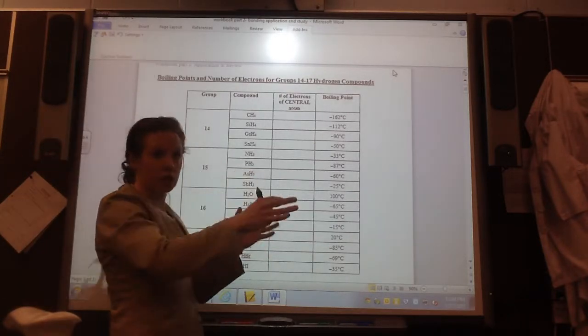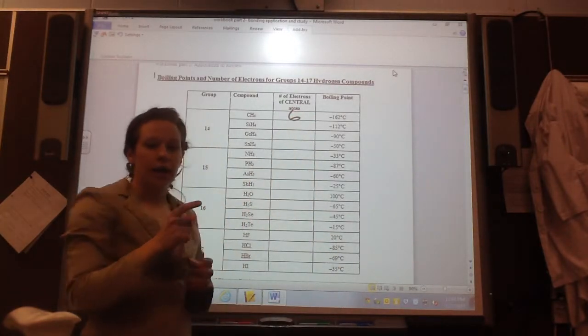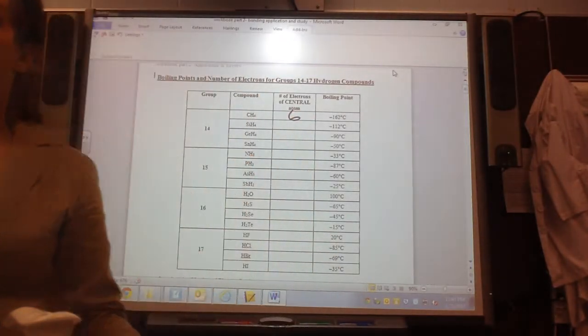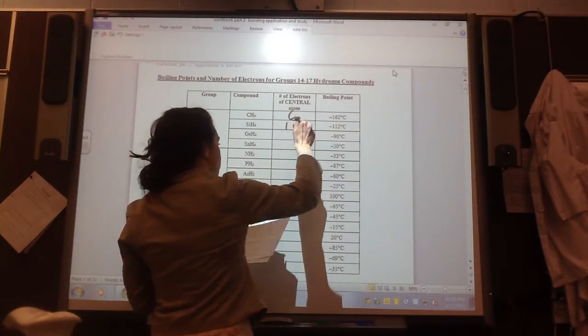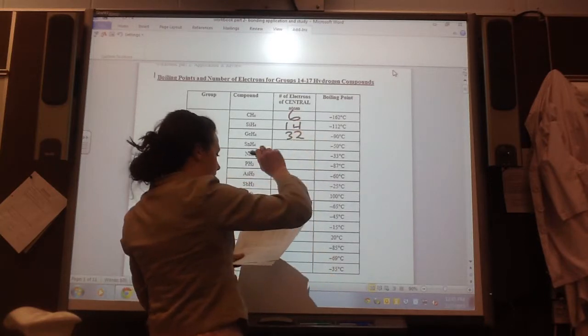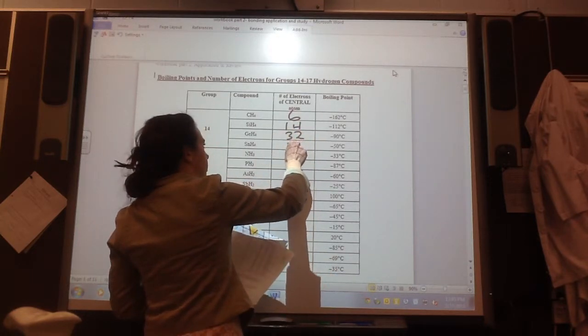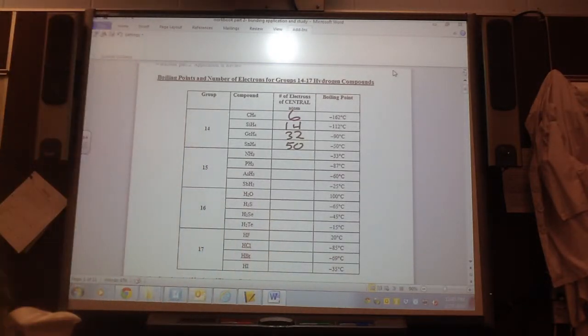Okay? So just to start with, how many electrons? So it has 6. Silicon, how many electrons does it have? 14. Okay. Germanium, 32, and tin, 50, right? Yeah, we just go down the group.